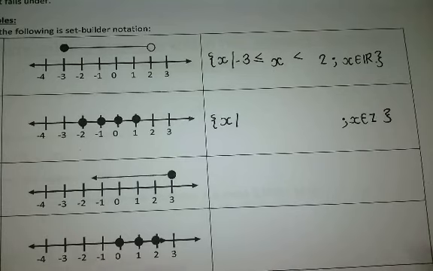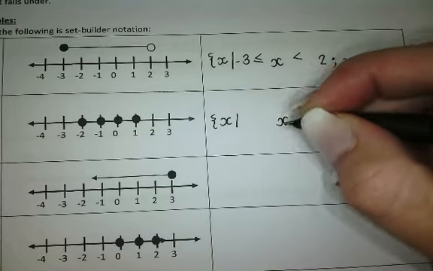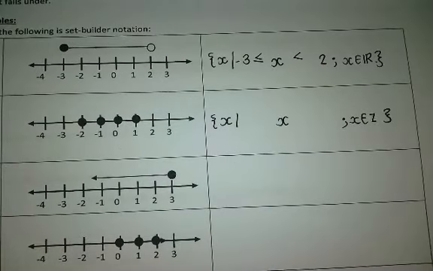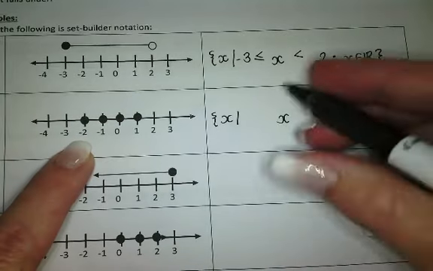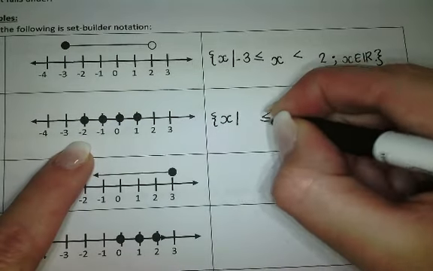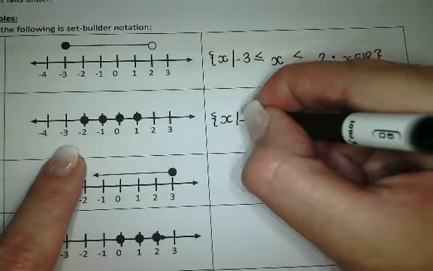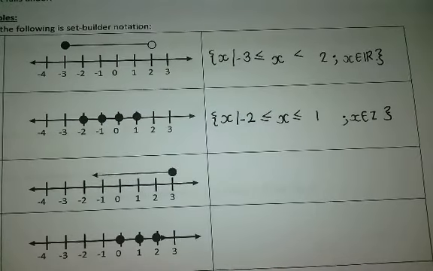Yes, because it's not two arrows going in opposite directions. So x still lies in between. If it lies in between, my two crocodile mouths must always go to the right. What crocodile mouth do I have on negative 2? Including. And on 1? That's it. Negative number always comes first.